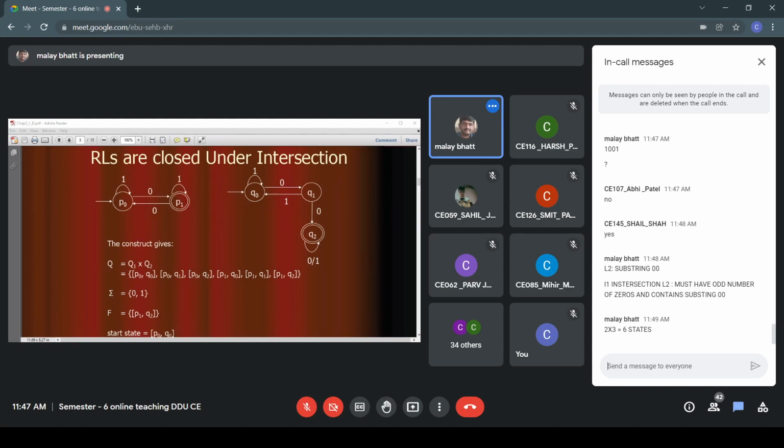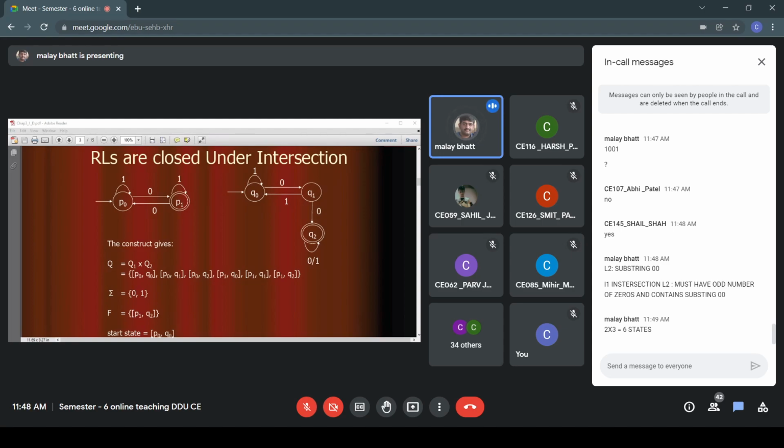For the intersection operation, consider the accepting states. Now the rule is that if it is an intersection, both criteria must be satisfied. So if the ordered pair contains accepting states of both the automata, then and only then it is part of the final answer. So our final or accepting state will be only one here, P1 Q2.